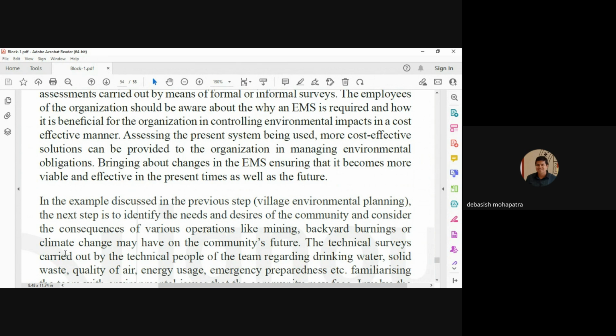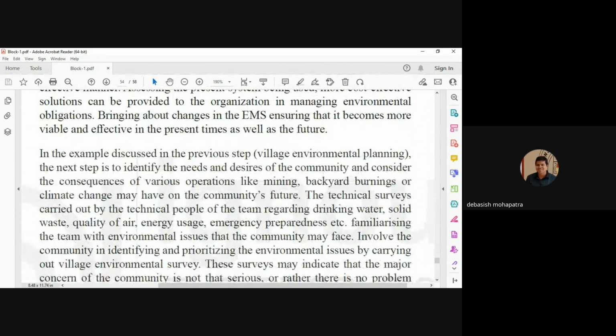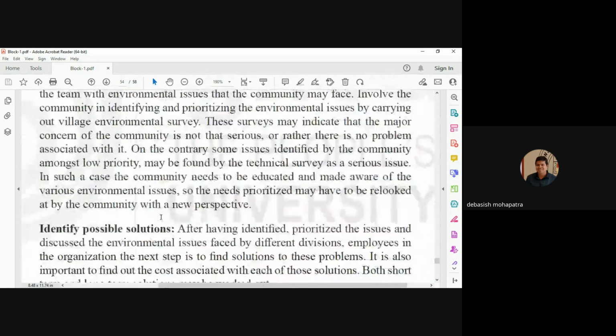The technical survey is carried out by the technical people of the team regarding drinking water, solid waste, quality of water, energy usage, emergency preparedness. So these are the technical surveys about drinking water, solid waste management and everything.